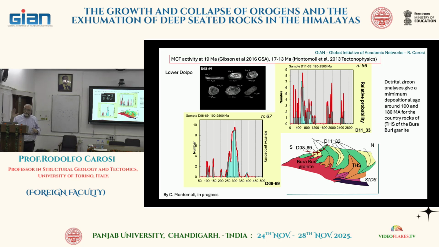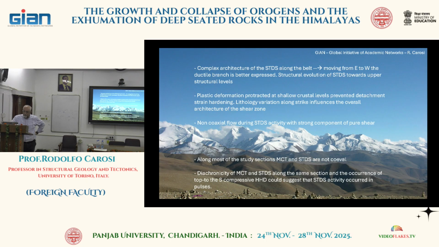So the South Tibetan detachment is 24 to 30 million years, and the Main Central Thrust is 19, 17, 13. So very different, very distant ages. That confirms that they are not contemporaneous, at least in this part of the belt.